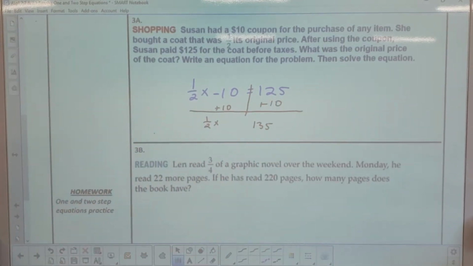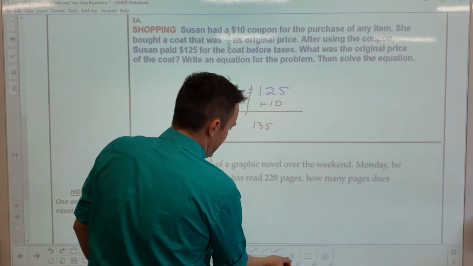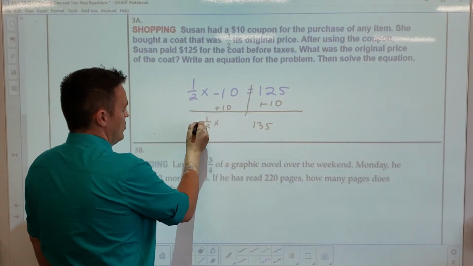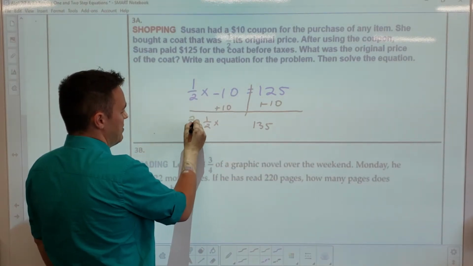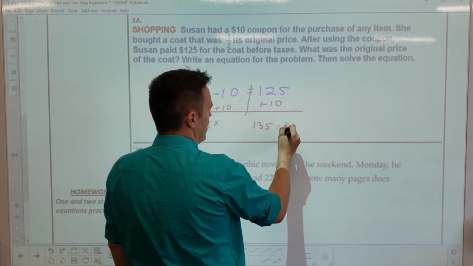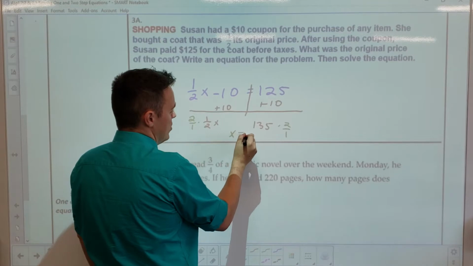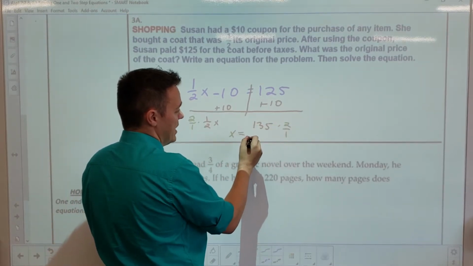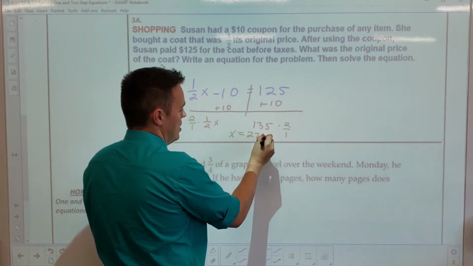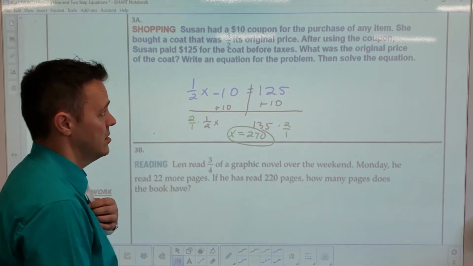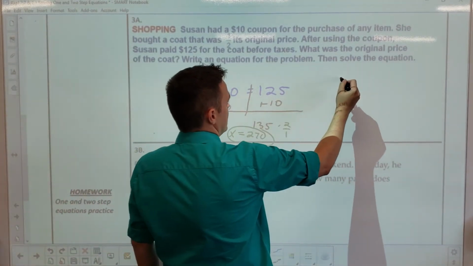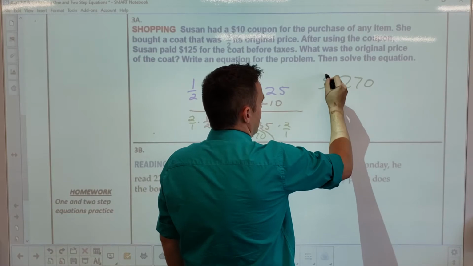And then as you go from there, if you have 1/2 here, what do you need to do? You got to get rid of this fraction, so you got to multiply both sides by 2 over 1, which in this case, this cancels out, and you have x equals 135 times 2. Put it in the calculator if you want. 270. Okay, so the original coat price was $270.